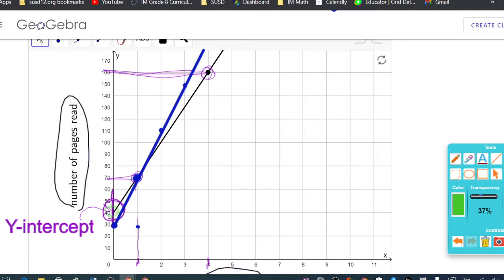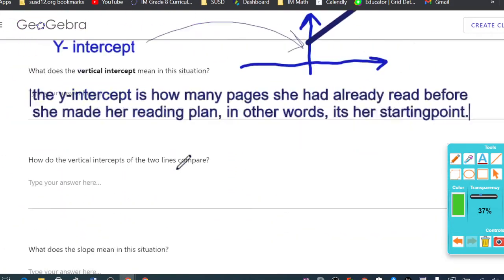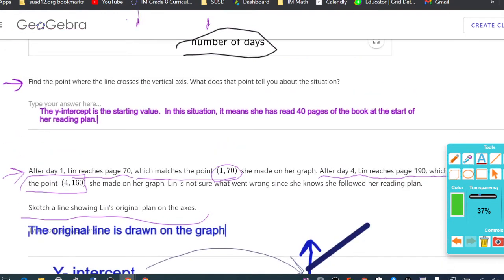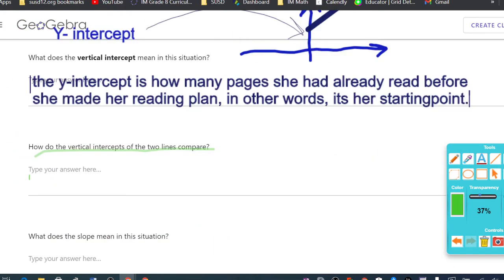She says she started at 40 pages by mistake, but really she started at 30 pages. Let me write that down. How do you spell her name again? Lynn? L-Y-N-N? Okay, good. I got it.